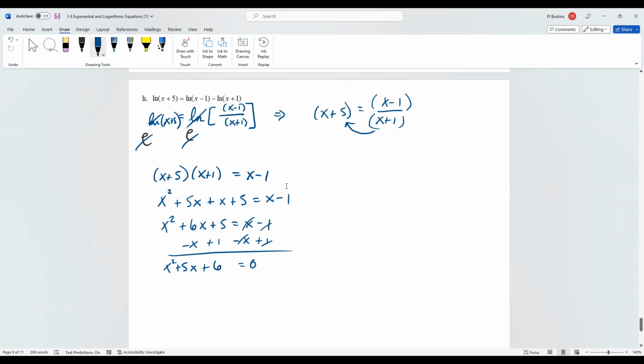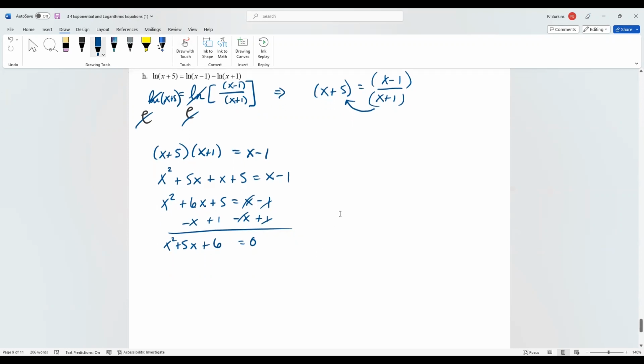That's a nice factorable equation. I'm looking for two numbers that multiply to equal 6 and add to 5. So that would be plus 3 and plus 2, which means x equals -3 and x equals -2 are my proposed solutions.